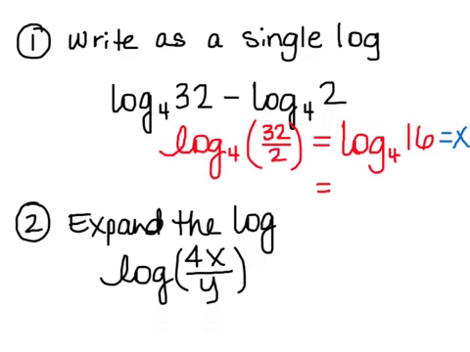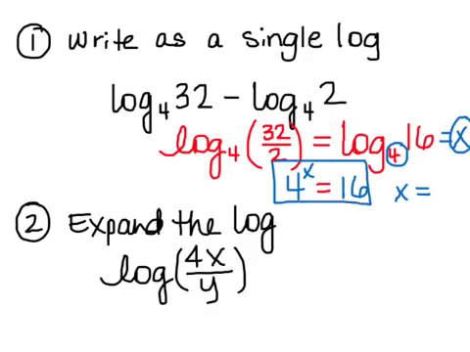And then rewrite this in exponential form, saying 4 to the x power equals 16, and just look at that and say 4 to the what equals 16, and that makes more sense to us, being used to exponents and not so much being used to the new idea of logs. So rewriting it as an exponential function might help us to look at it and be able to tell that x is 2, because 4 to the second power is what would give us 16.